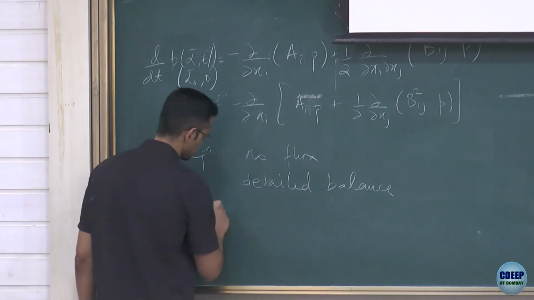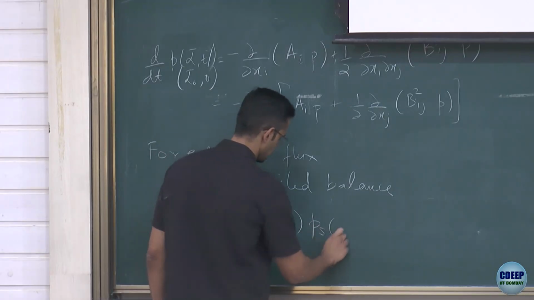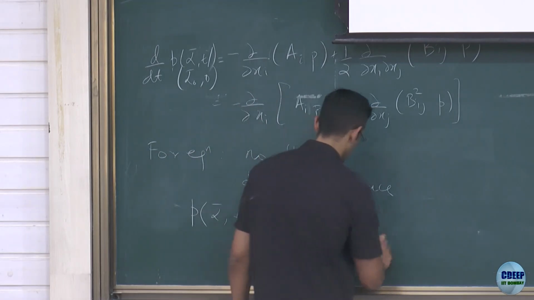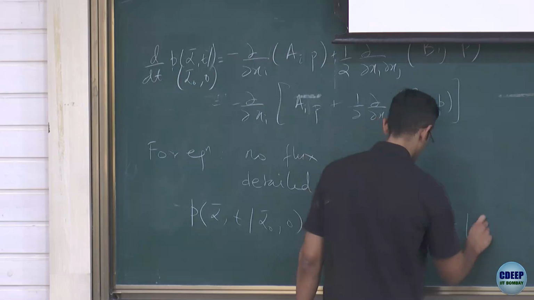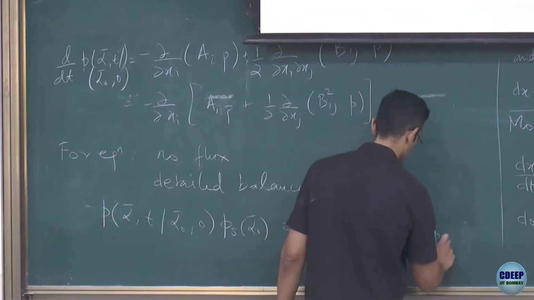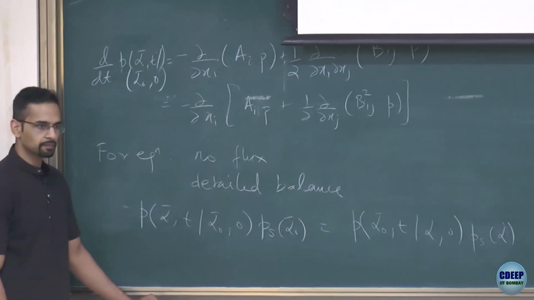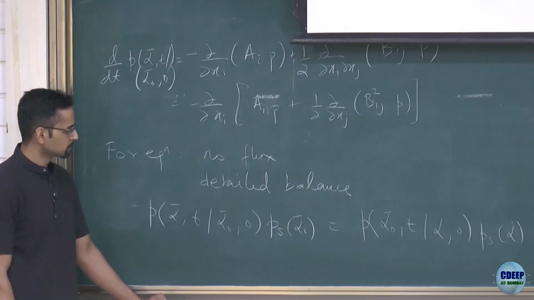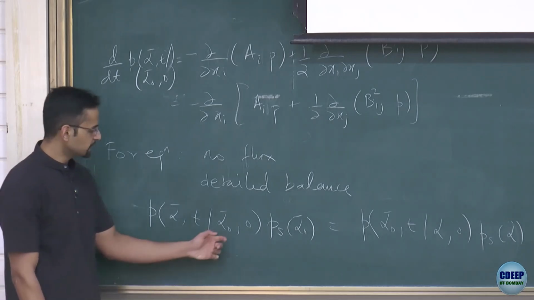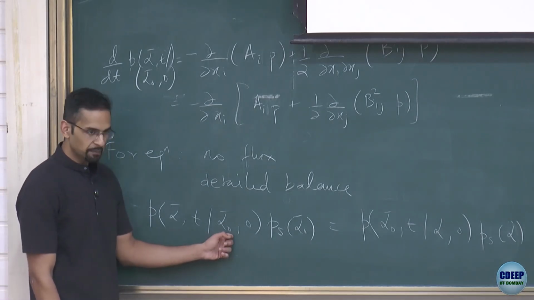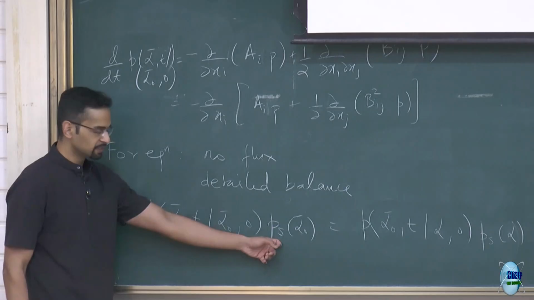So I'll do it in terms of alpha. Okay, so what you're saying is that the probability of going from some alpha naught at 0 to alpha at time t, right, in your system at stationarity.